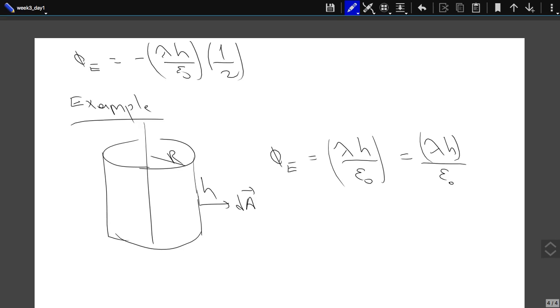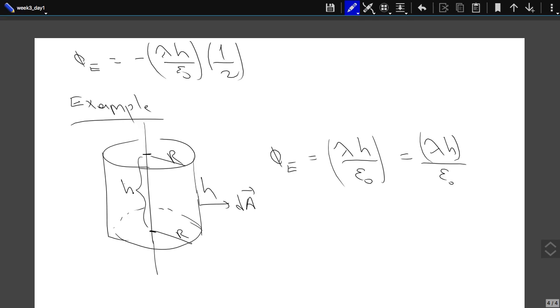Now what is this lambda h? So you see, this is my cylinder. This length is h. That is the length of the wire which is inside my cylinder. Lambda is the charge per length.